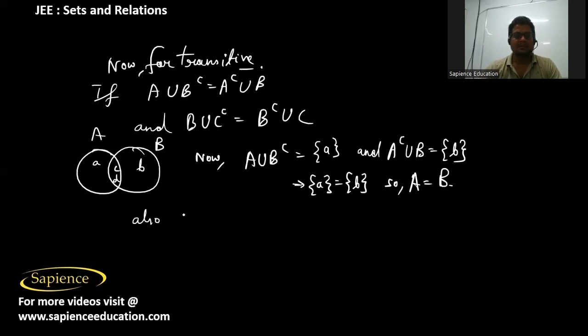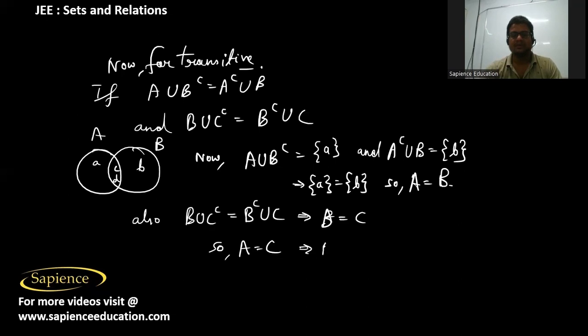And similarly, we can say that B union C complement equal to B complement union C also implies that B equals C. So A equals B and B equals C, which means A should be equal to C, which also means that A union C complement should be equal to A complement union C. So R2 also is an equivalence relation.